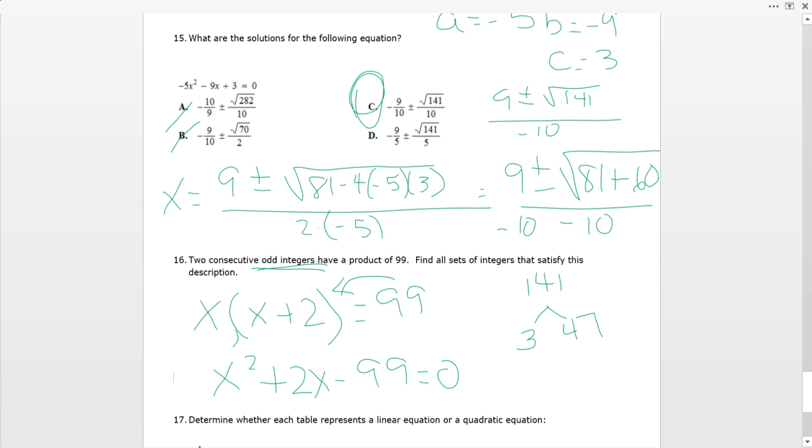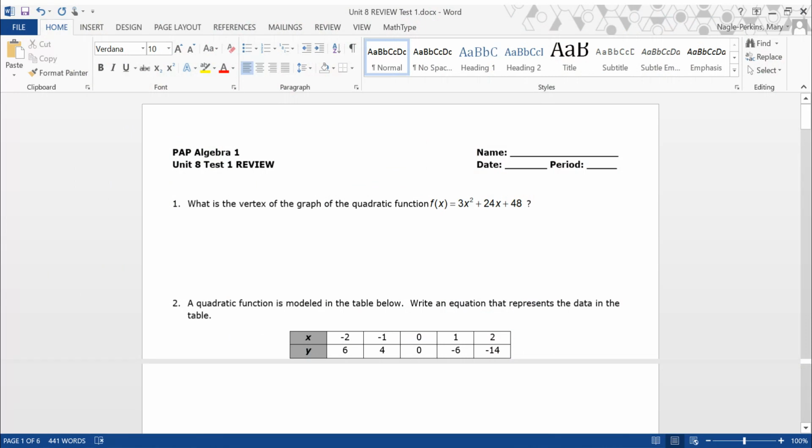I'm going to put that in my calculator, because I can. I'm going to clear it out. I'm putting in x squared plus 2x minus 99, graph.